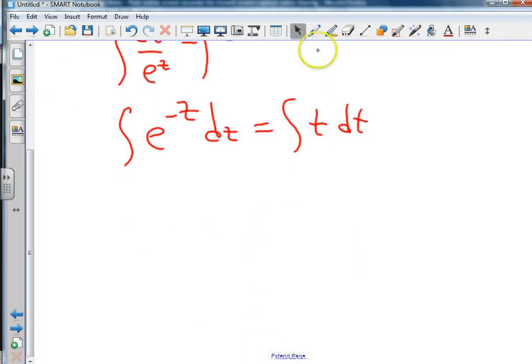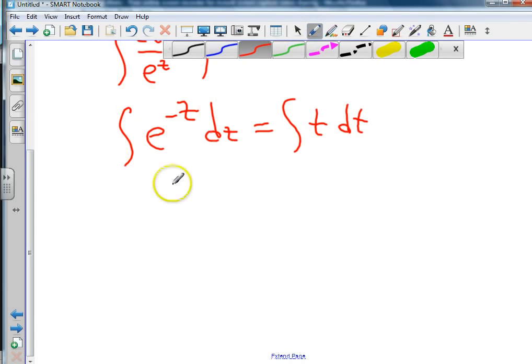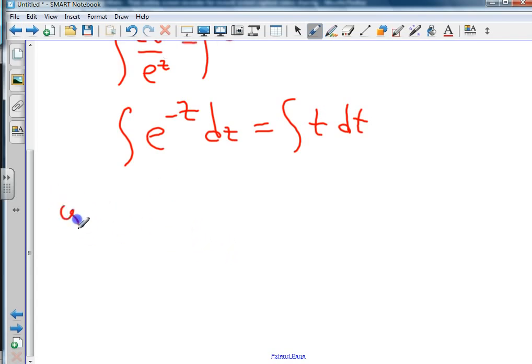So u is what? Since I know how to integrate e to the u du is e to the u, who's u? Negative z. If u is negative z, who's du?